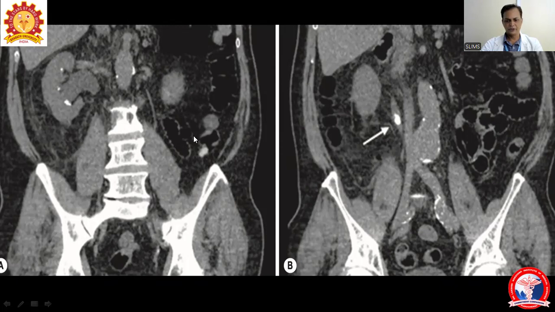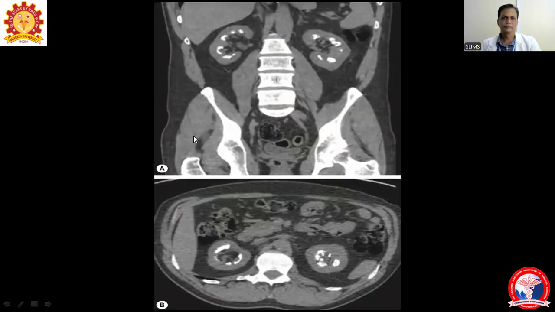We go to the next image. Here again, there are 2 sections we are seeing. One is the coronal image, CT scan. Second is the axial image. These are the axial. First, let's just go through the axial image.